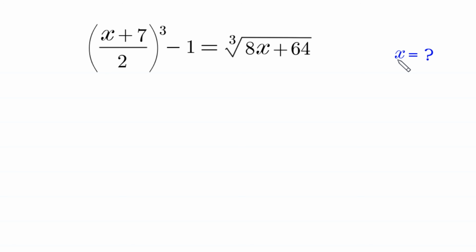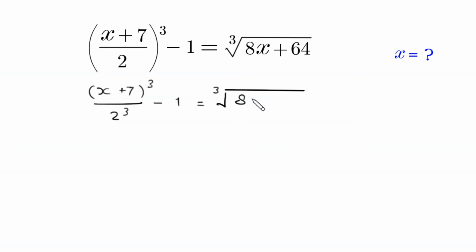So let's start. This ((x plus 7) over 2) whole cubed can be written as (x plus 7) cubed divided by 2 cubed, minus 1 is equal to cube root of 8 times (x plus 8).